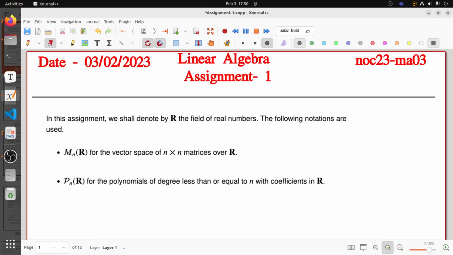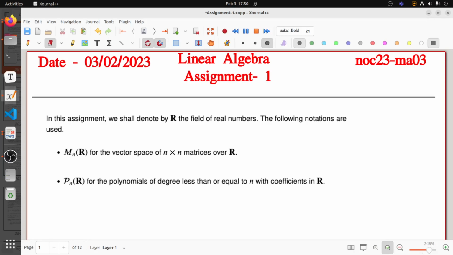So what will be S of P1 plus P2? It will be a0 plus b0 plus a1 plus b1 plus a2 plus b2 plus a3 plus b3.